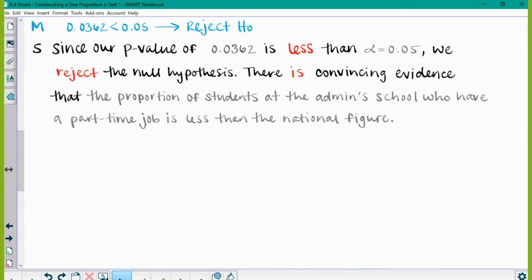So you don't have to write down the decision part, but in your mind, you need to make a decision. Either you are rejecting or you are failing to reject. P-value is low, reject the H0. And again, all of those red words, those first words in our model, go together.